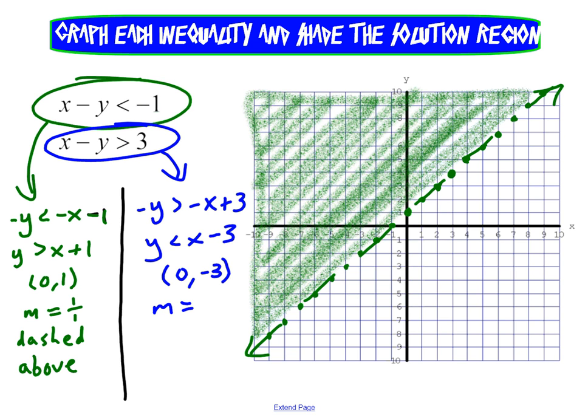It's going to be dashed, and it's going to be shaded below. So negative 3 is my y-intercept. My slope is still 1. And it's going to be dashed.